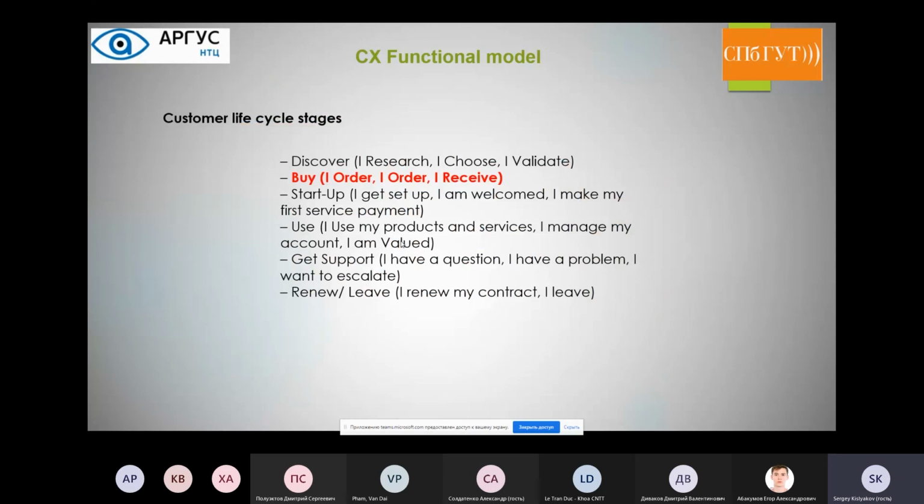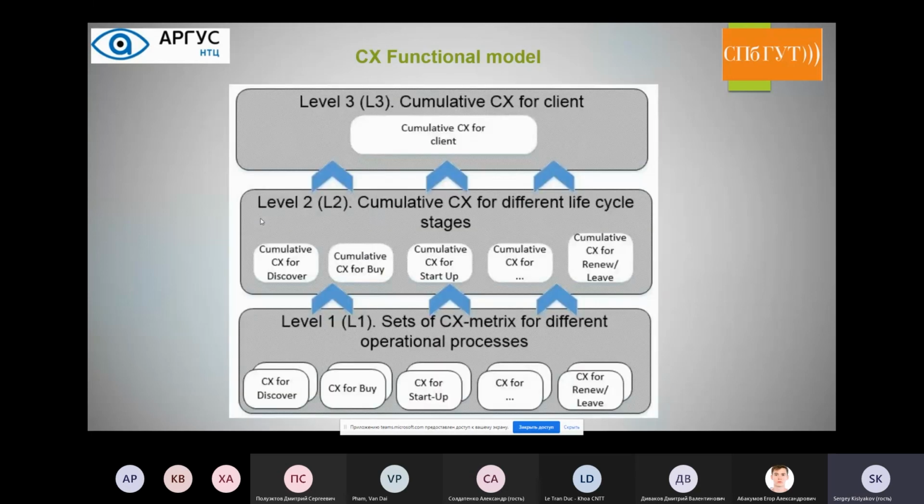Here you can see such life cycle stages, and we used the second one, to build our model based on fuzzy cognitive maps. Our model consists of 3 levels. The first level includes customer experience metrics.